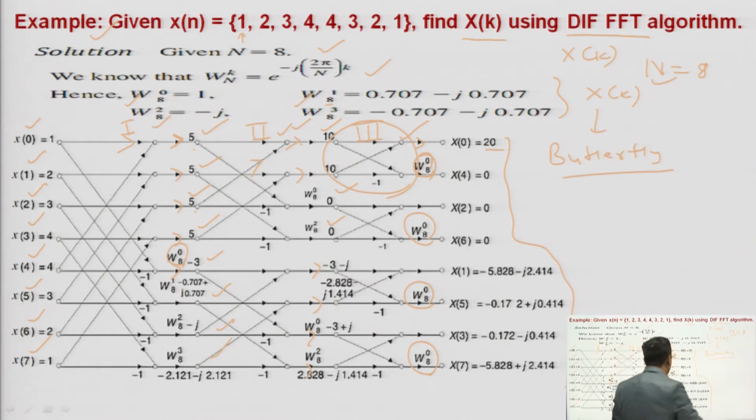Okay. Here in DIFFT, the butterfly structure will be there at the end, because you are decimating the frequency domain, while in case of DITFFT it was near the time domain, because this will be the last stage of the decimation. Similarly, here 0 plus 0 and 0 minus 0, 0 will be there.